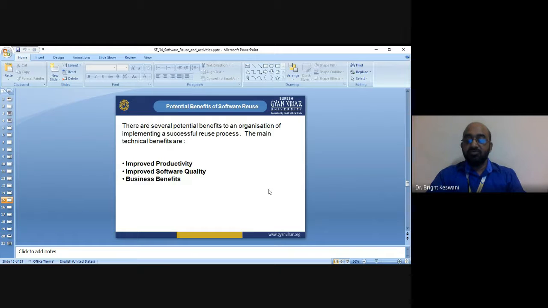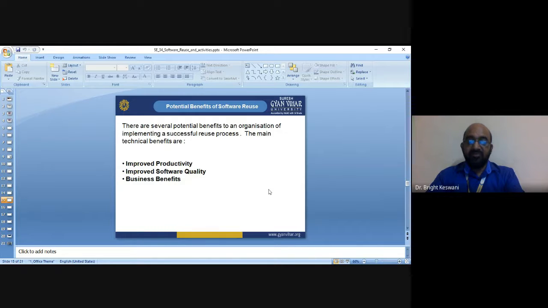The reuse of components also improves the reliability of the system for the same reason. The reused components are tested in a variety of realistic operating conditions and therefore should be more reliable. So, how does the reusability factor affect the quality of software?